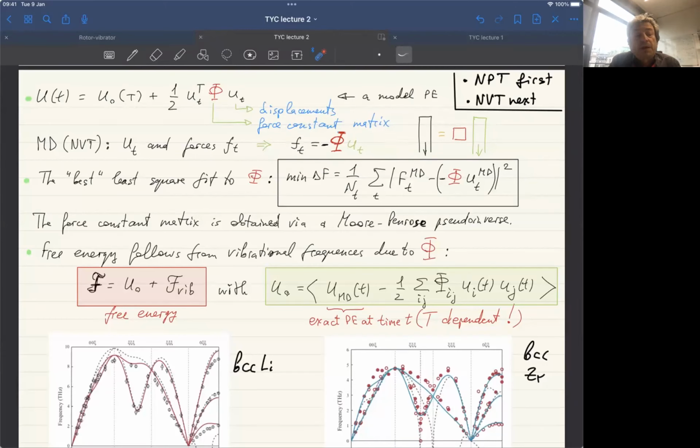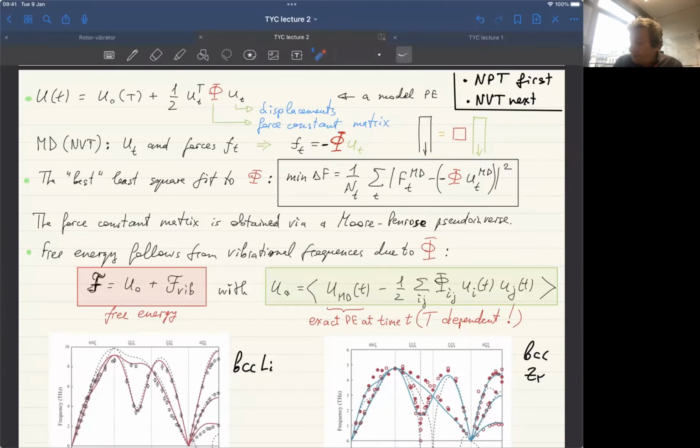Okay, so mathematically, this is a known problem. It's called pseudo-inverse. Moore and Penrose established this some 50 or 60 years ago, maybe even more. So there are routines which allow you to determine the best matrix phi given the long vector F of forces and the long vector U of displacements.